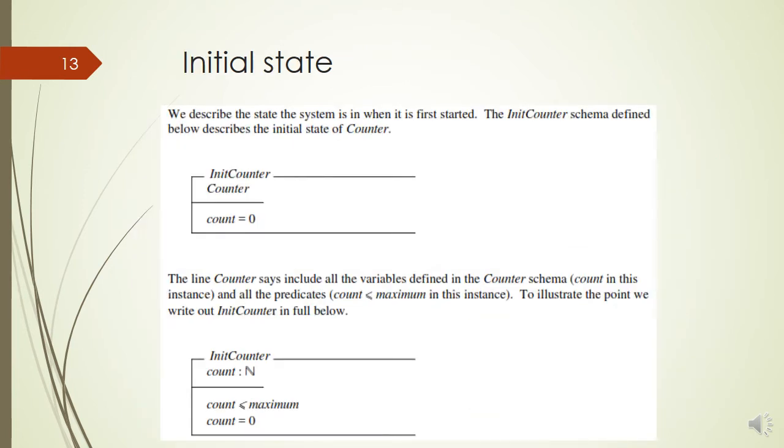Students, we have to define the initial value of system state variable, and for such purpose we need to write another schema which is known as state schema with the initial value of the system's state variable.